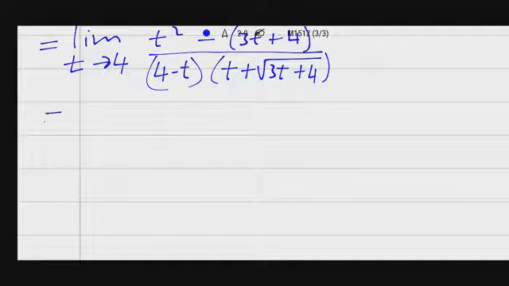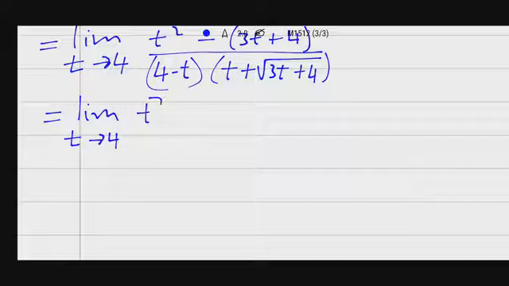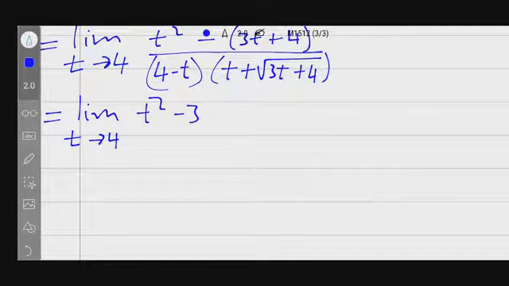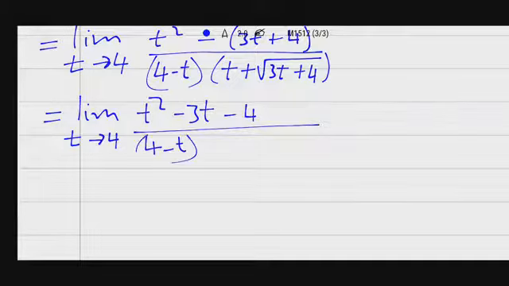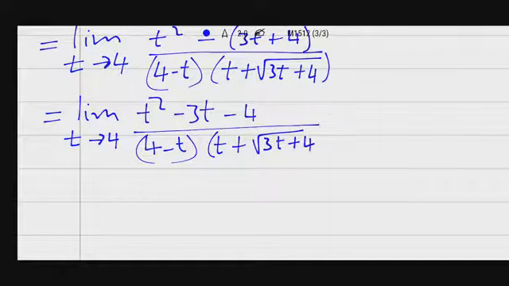Looking at the top, if we go to the next step, we have the limit as t goes to 4 of t squared minus 3t minus 4 all over 4 minus t, multiplied by t plus square root of 3t plus 4.